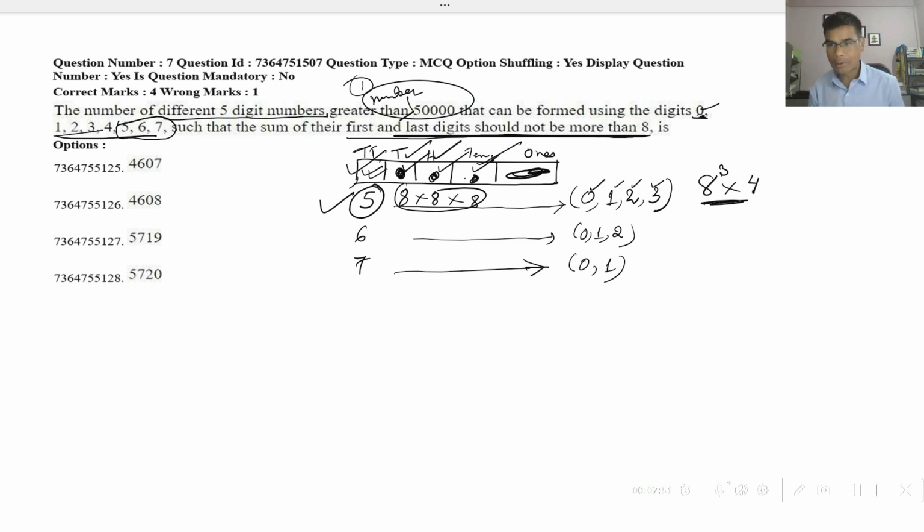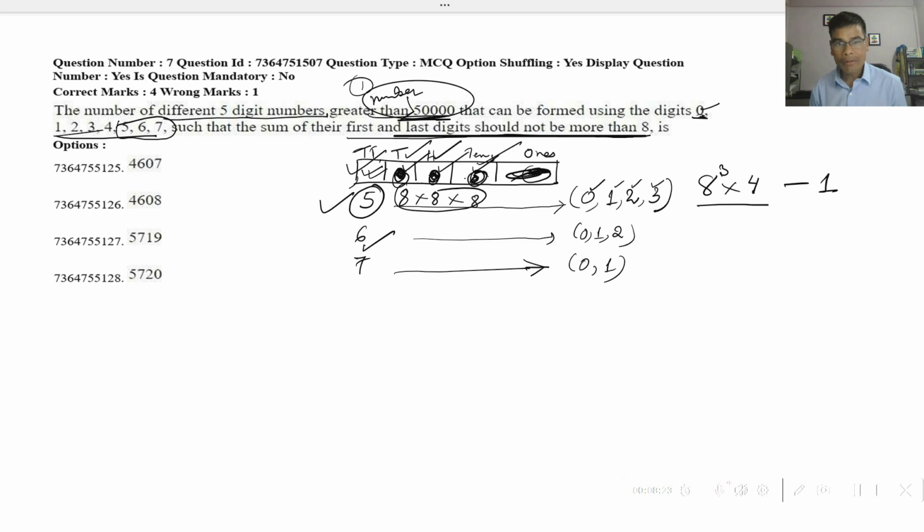So the total number of ways is this product by the fundamental principle of counting. But here it includes the possibility where all these digits are zero. If all the digits here are zero, then that number does not satisfy the first condition. So we remove that.